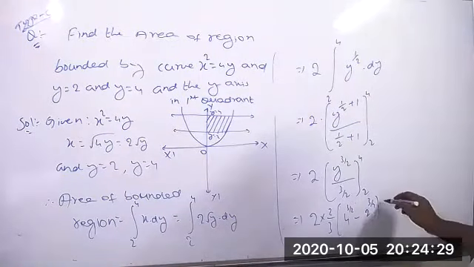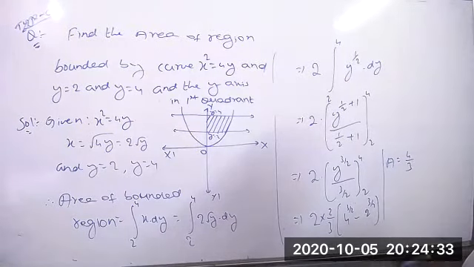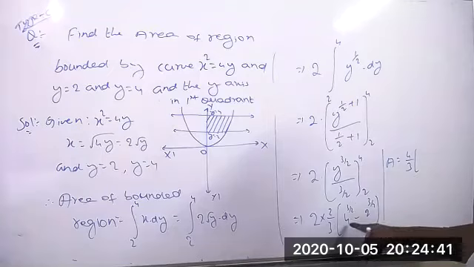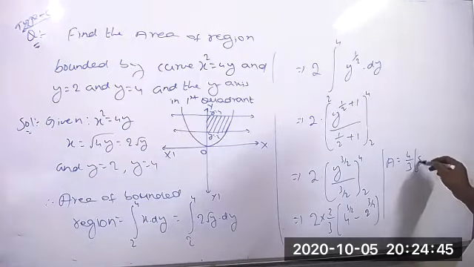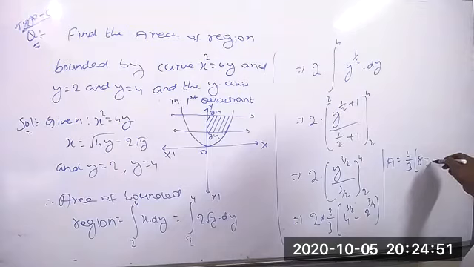So 2 twos are 4, 4 by 3 into, 4 can be written as 2 square, 2 will be cancelled, and 2 cube means 8, minus 2 power 3 by 2, which can be written as root of 8.